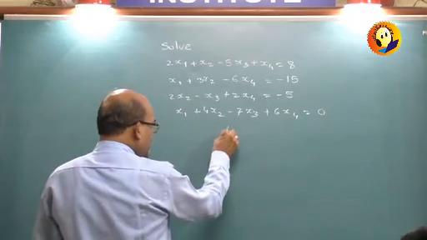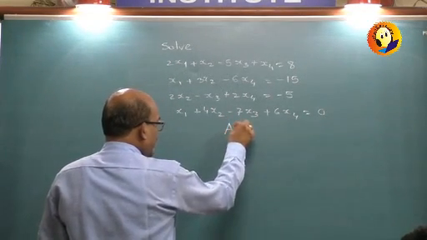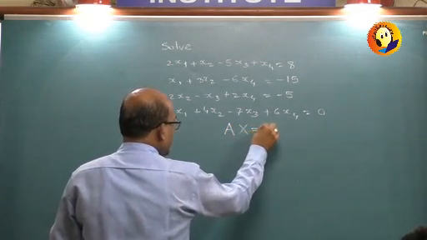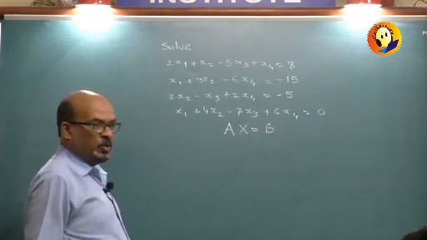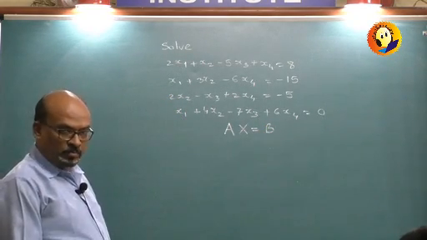So this thing you have studied, that we can write the set of simultaneous equations in the form Ax equal to B. Right?